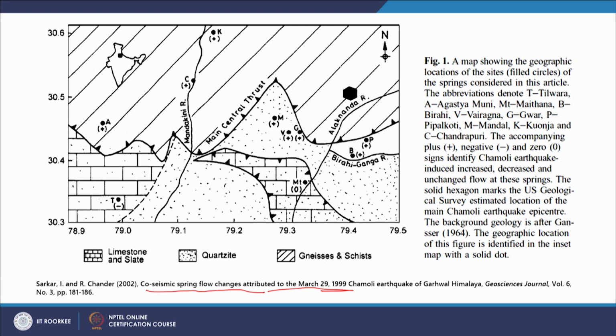And through these publications we can see how the springs have changed, and whether all geological setups are supporting the change in springs or only some geological setups are. So, if you have in the background geological map structures, you can understand what has happened and what has not happened.